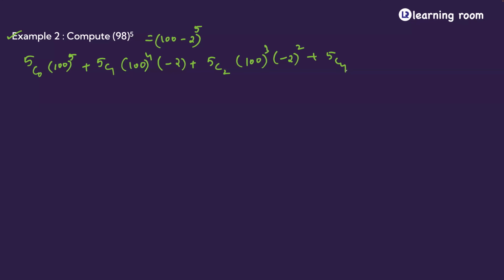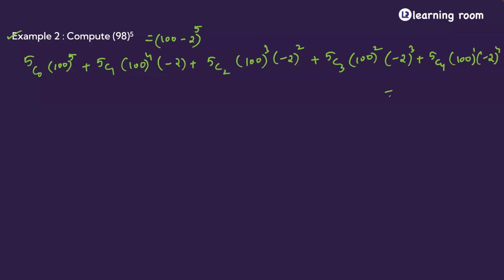Sorry, correction, it should be 5c3 into 100 raised to the power 2 into minus 2 raised to the power 3 plus 5c4 into 100 raised to the power 1 into minus 2 raised to the power 4.